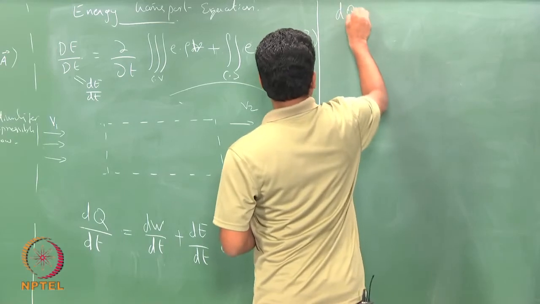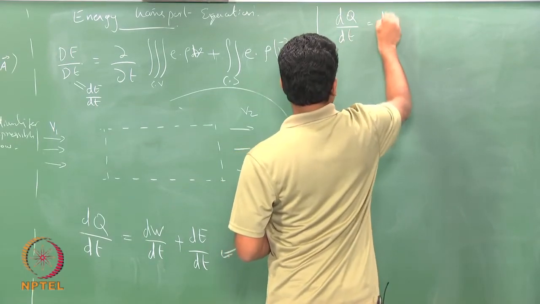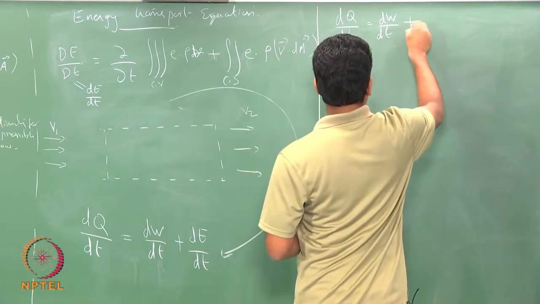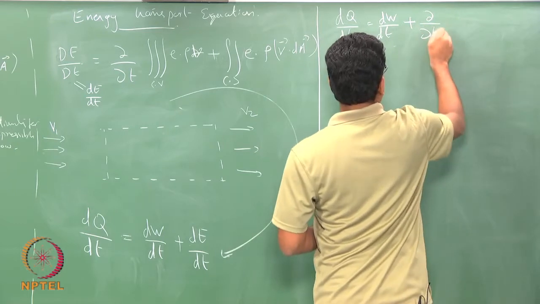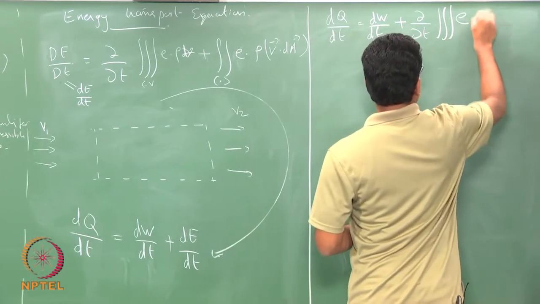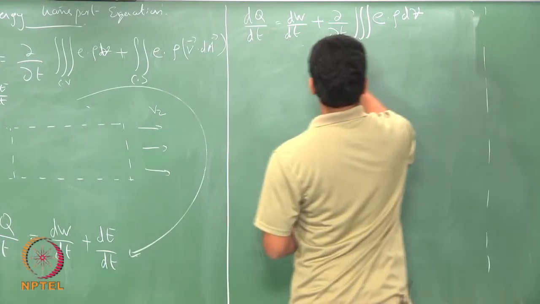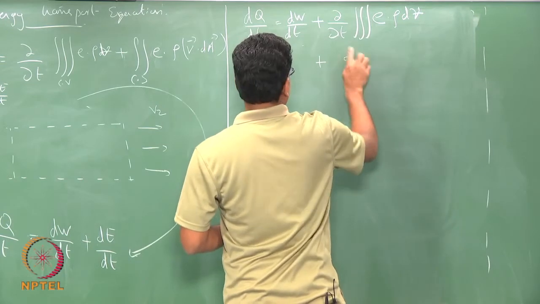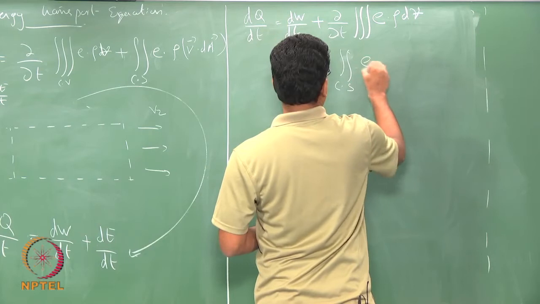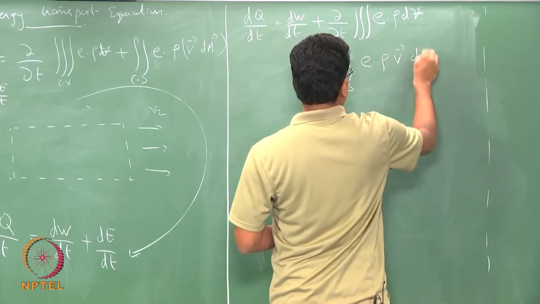So, you have dq by dt equals dw by dt plus dou by dou t triple integral of E rho dV plus surface integral over the control surface of E rho V dot dA.